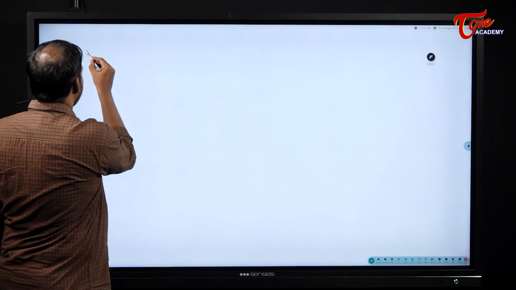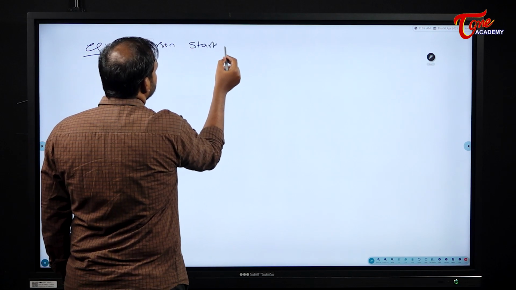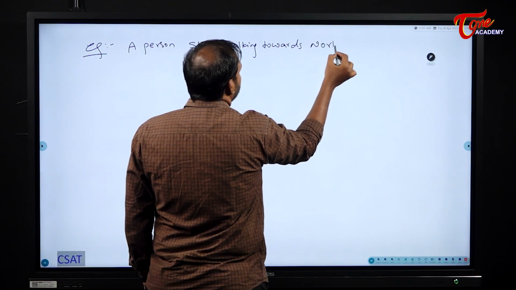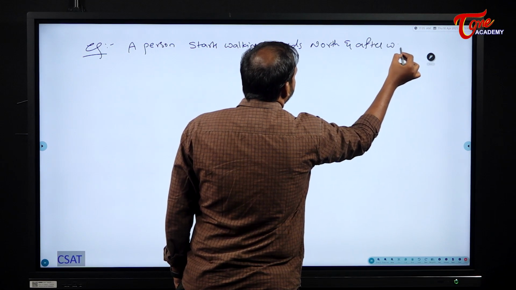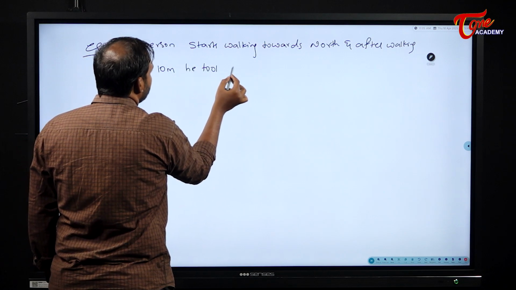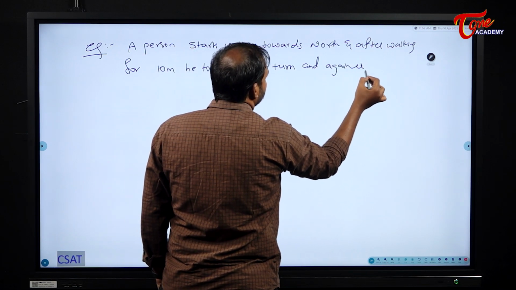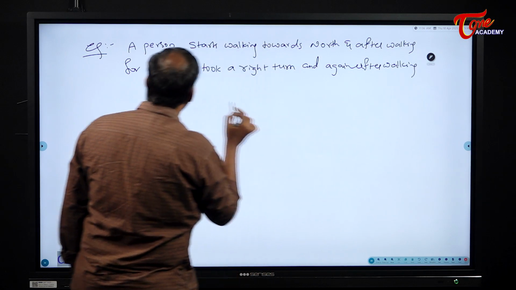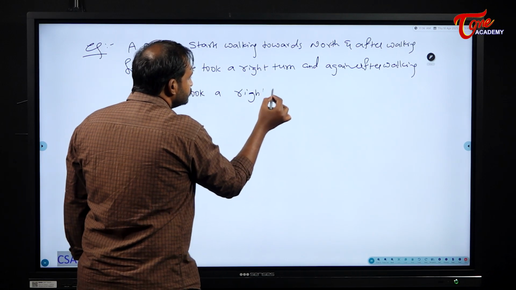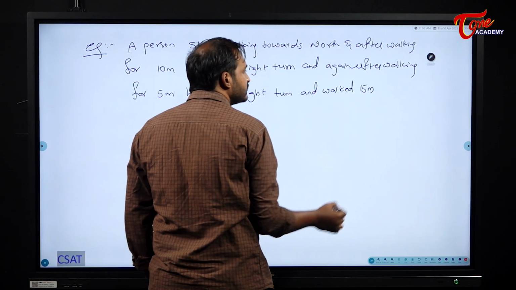For example, we will take an example here, students. A person starts walking towards north, and after walking for 10 meters, he took a right turn, and again after walking for 5 meters, took a right turn and walked 15 meters, full stop.